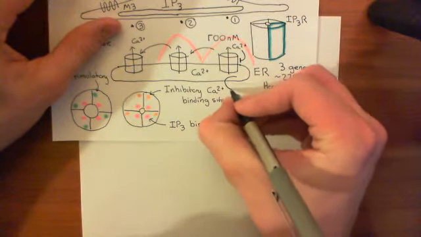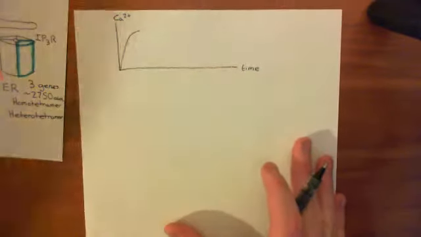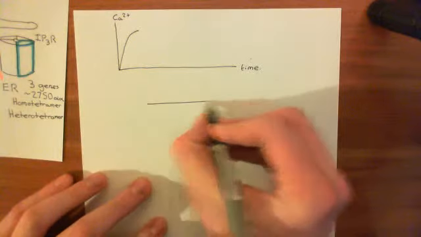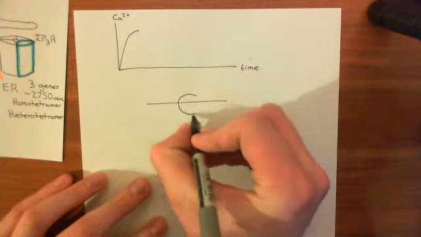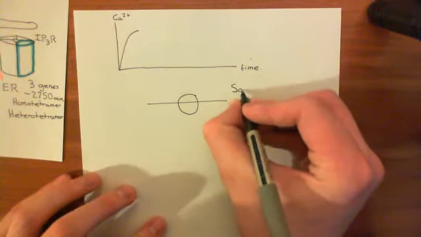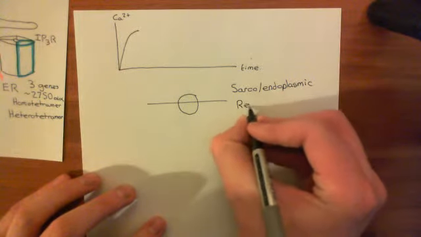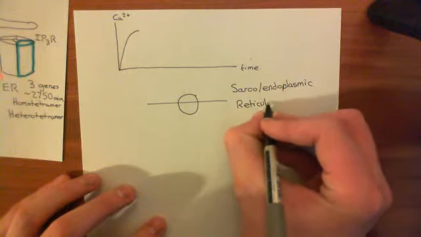Okay, so what's going to happen to the calcium now? Well, there are pumps in the endoplasmic reticulum membrane. This is the endoplasmic reticulum membrane, and here is this pump. This pump is known as the sarco/endoplasmic reticulum calcium ATPase.